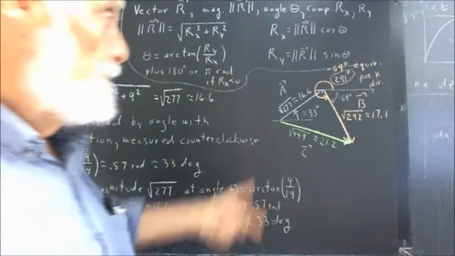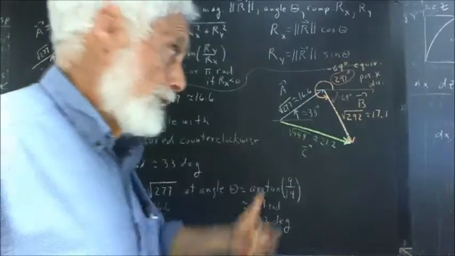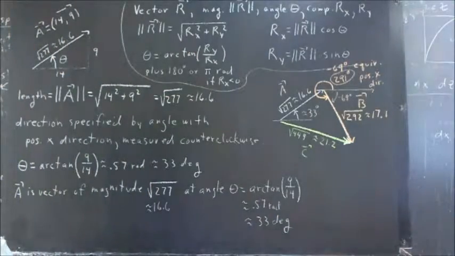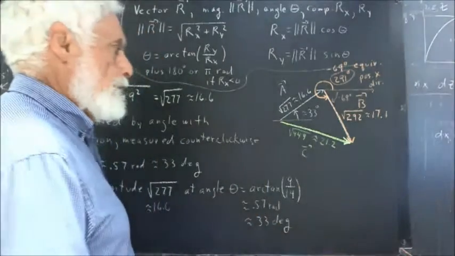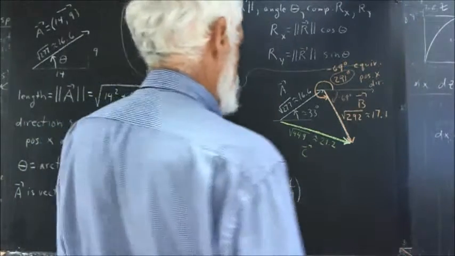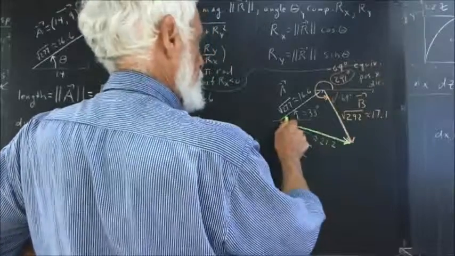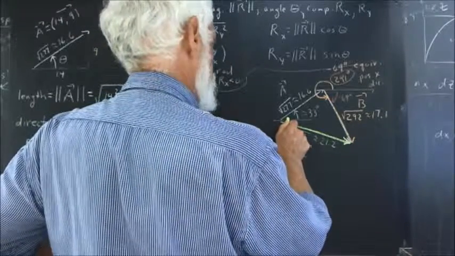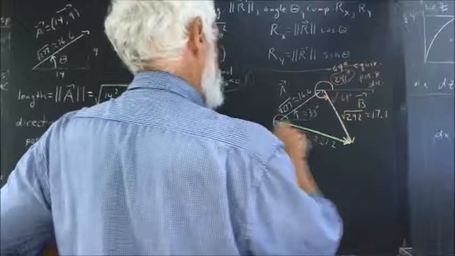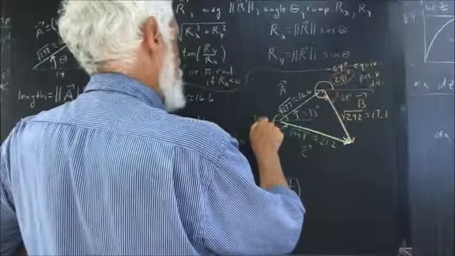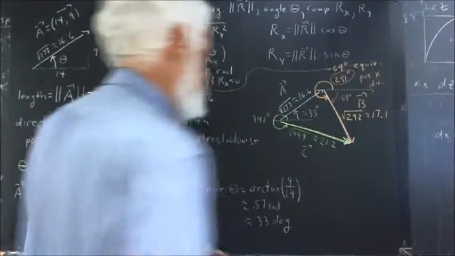It makes it easier to keep track of quadrants and a lot of other things that will become apparent as we go through the course. If you do the same thing with this angle down here, I think you end up with an angle that we could measure from the positive x direction to be 341 degrees.